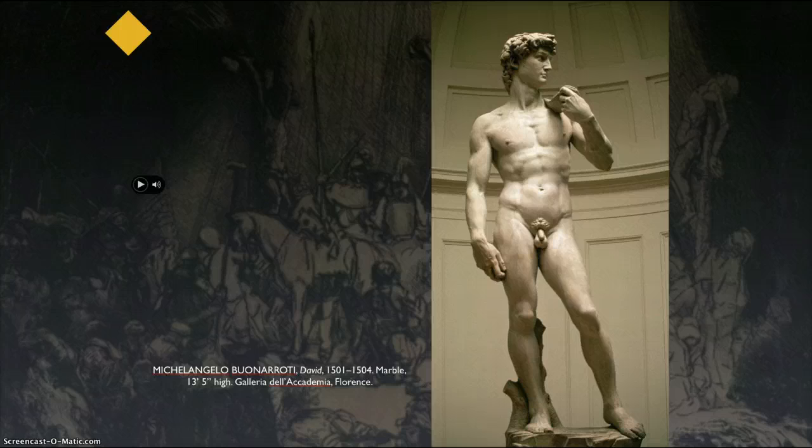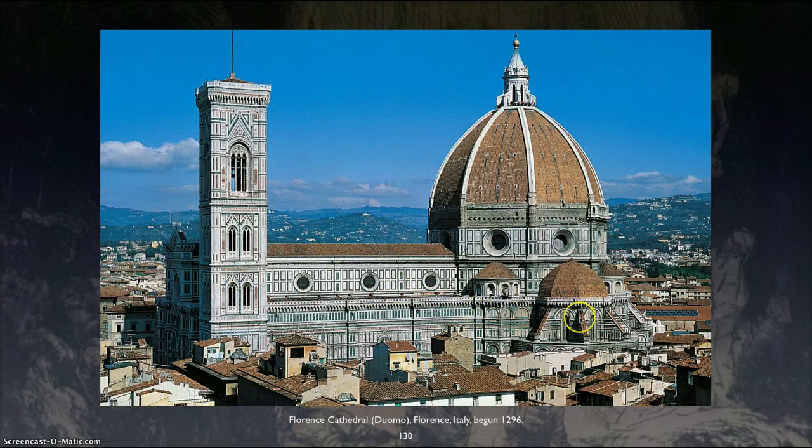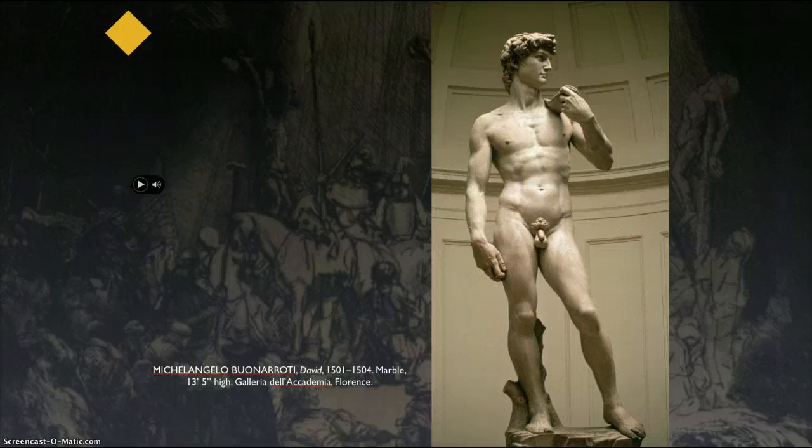Now, this was created to go somewhere on the high areas of the Duomo. So this is not to be looked at right in front of you, almost at eye height. This is to be looked at from 100 feet below. So that's why it's so massive. And it's great because he does a couple things here that are strange.